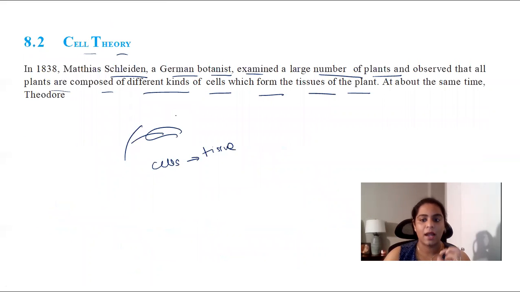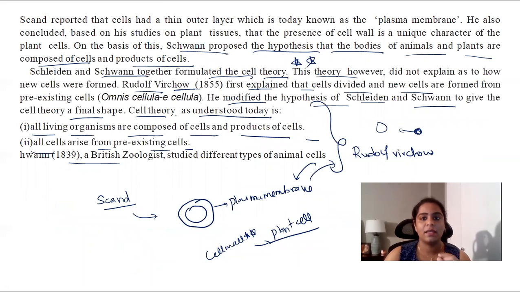फिर श्लाइडन ने प्लांट पे ये देखा कि he did a lot of work on plants and then discovered that cells बनते हैं टिश्यूज में. और श्वान ने भी कुछ देखा है कि सेल के ऊपर एक मेम्ब्रेन है, कवरिंग है, उसका नाम है प्लाज्मा मेम्ब्रेन, जो कंट्रोल करता है क्या चीजें अंदर है और क्या चीजें बाहर है. और इस बेसिस पे श्वान ने एक सेल थ्योरी बनाई है. और उन्होंने बोला कि सेल्स जो होते हैं वो प्रोडक्ट ऑफ सेल्स, it's coming but because of the already existing cells, but there is no clarity on how.